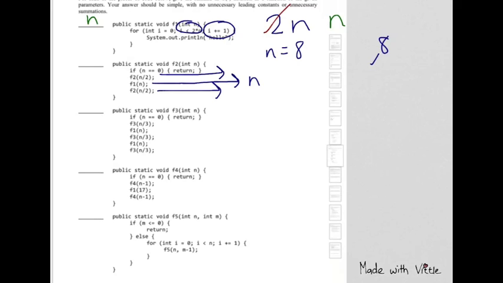If n equals 8, we'll have 2 calls to n equals 4, because we divide 8 by 2 and get 4. Then we do that again with the 4, getting 2 2's. As you can tell, this resembles a log n runtime.